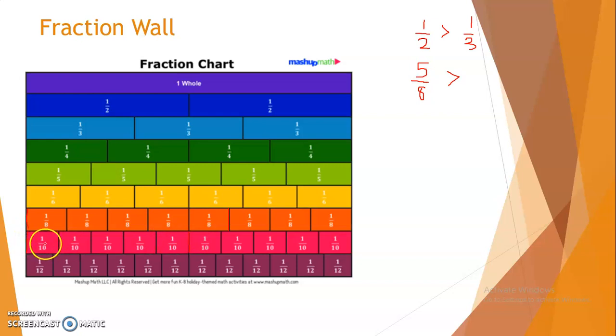It is a fraction 1/10, 2, 3, 4, 5. 5/10. 5/8 is greater than 5/10. Clear? 5/8 is up to here. 5/10 is still this. 5/8 is longer than 5/10. So we can say 5/8 is greater than 5/10.